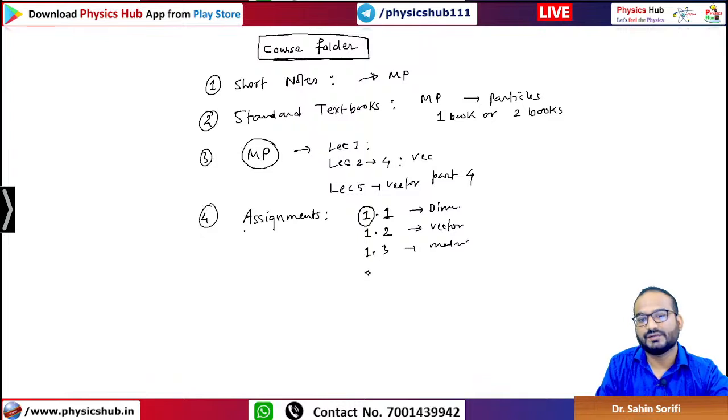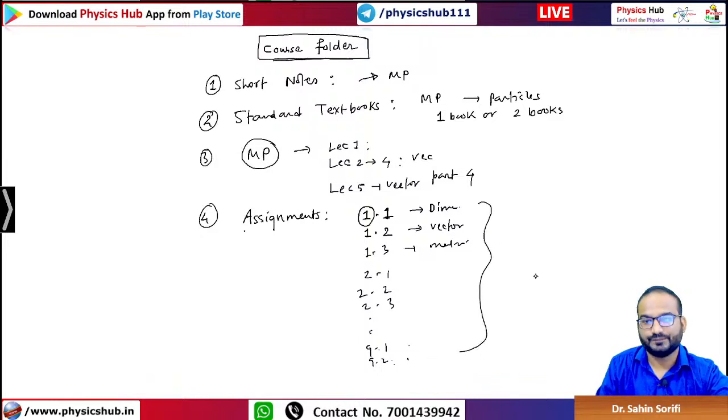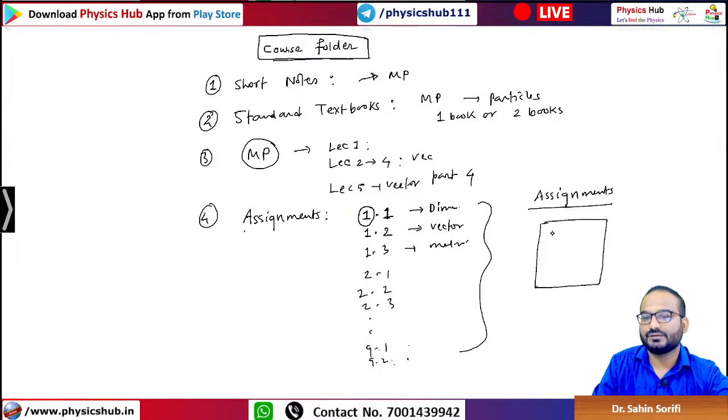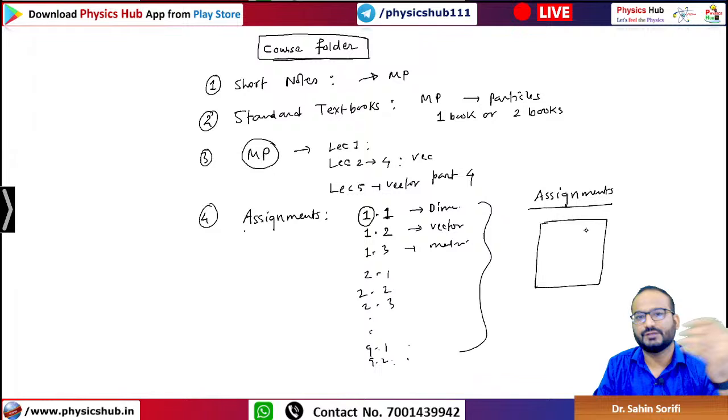For classical mechanics, it will start from 2.1, 2.2, 2.3, and so on, up to 9.1, 9.2, 9.3, and in this way assignments will be uploaded. Okay, now see, let's say there will be 10 questions or 15 questions or 20 questions depending on the topic which we are discussing.